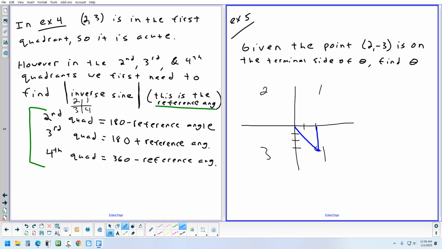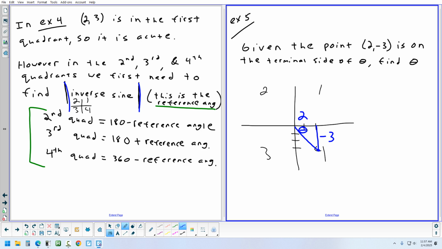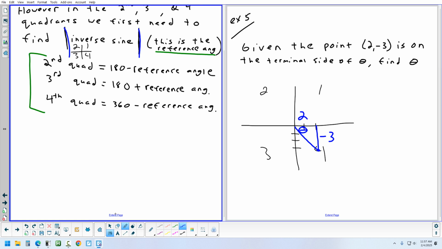Draw your triangle. Okay, now if you use the negative, it's okay. You went right 2, and technically you went down 3. So if you use the negative, it's okay because we're going to do this at the very end. It's going to end up canceling that negative out. Okay. Here's my reference angle. What trig function did I say we always want to use when they ask us to do this? Sine.